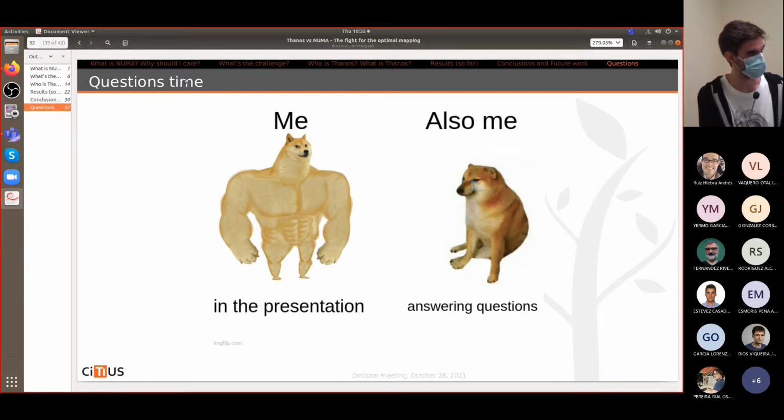Consider only homogeneous systems. CiTIUS one here is a homogeneous system in the sense that all the nodes are the same. But do you think that changing to a heterogeneous system where some nodes are faster than others can change the algorithm? Yeah. Well, first we should mention that we stick to CiTIUS one because we are poor and we cannot afford more systems.